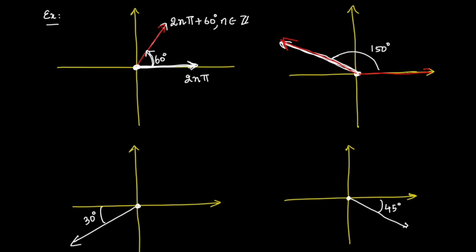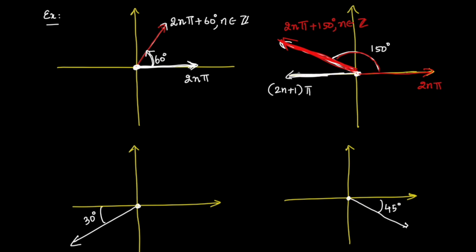Same logic, first we reach here, that would be 2n pi. From there, extra 150 degrees. So all angles for which this would be the terminal position would be in the form of 2n pi plus 150 degrees. Alright. Or there is one more way to think now. First we can reach this terminal position, which is an odd multiple of pi.